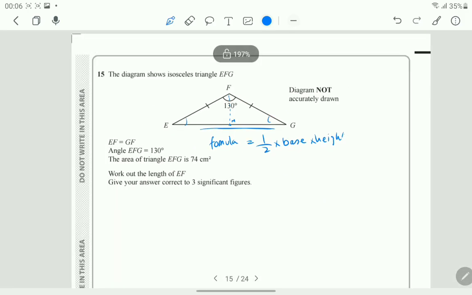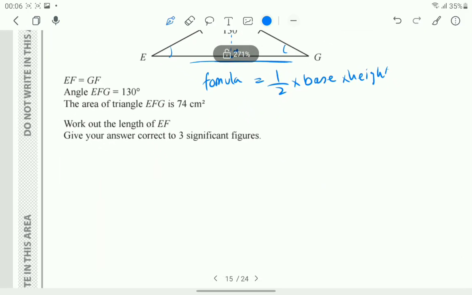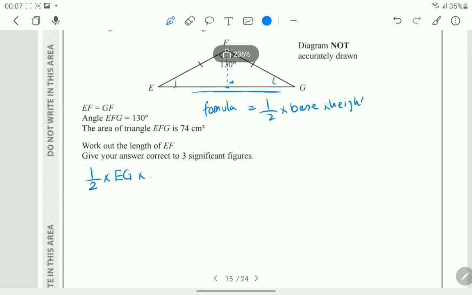So placing things into our formula, let's see what we have and do not have. So 1 by 2 times base is EG times the height is MF. It should be equal to 74.